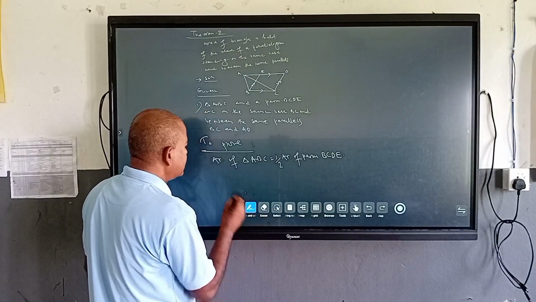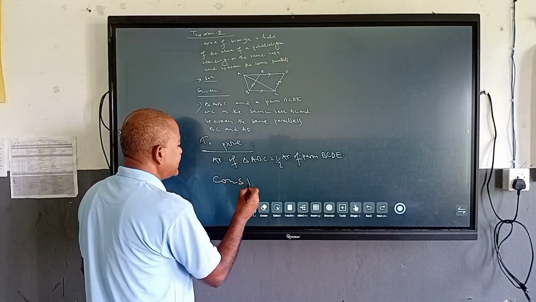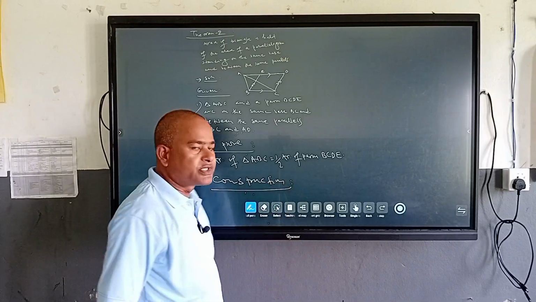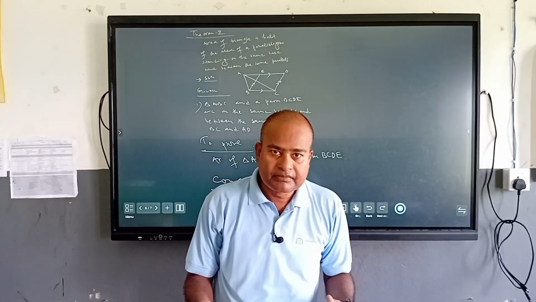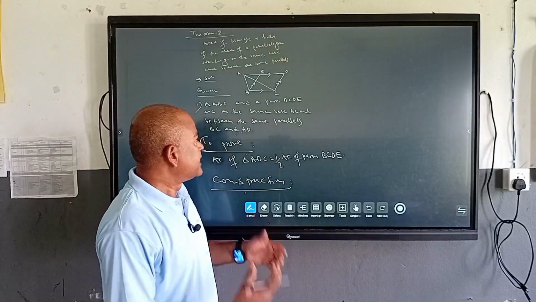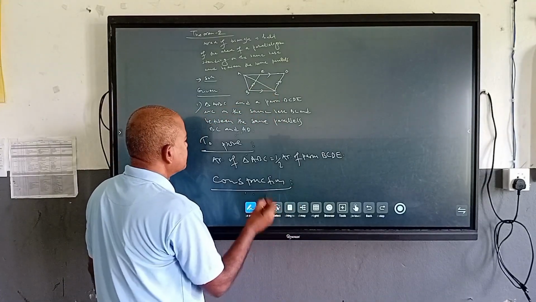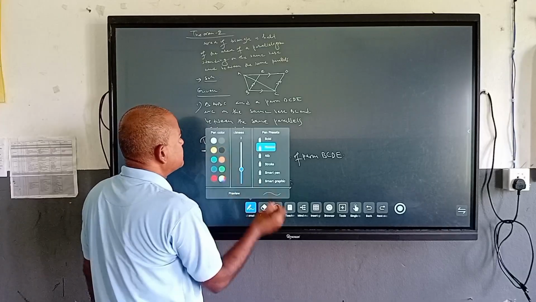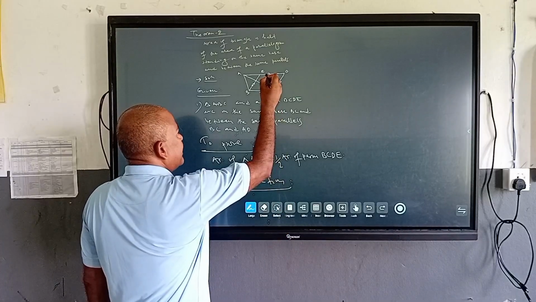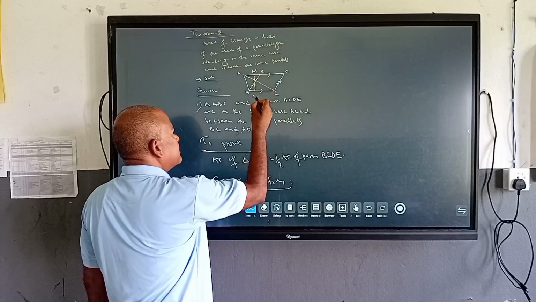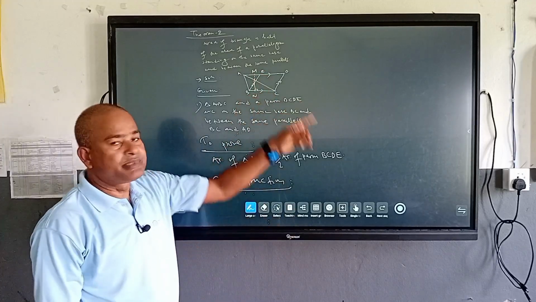Dear students, now to prove this theorem, we have to take a construction. Draw MN perpendicular to BC.